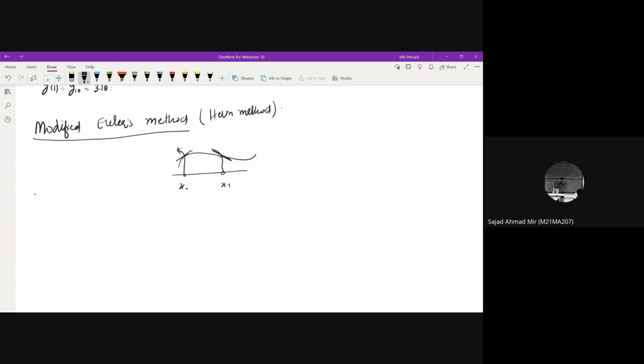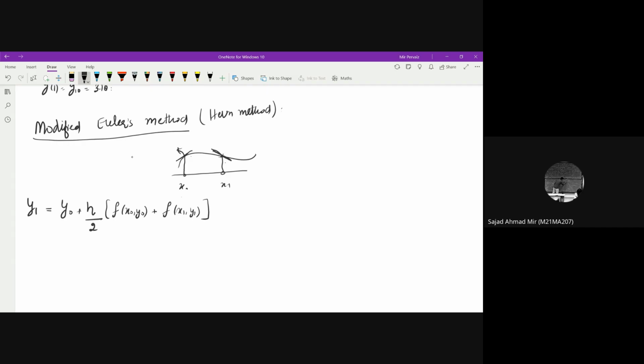How is the numerical scheme constructed? My value y1 is y0 plus h by 2 times f of x0, y0 plus f of x1, y1. So this method is taking the average of the slopes at these 2 points.